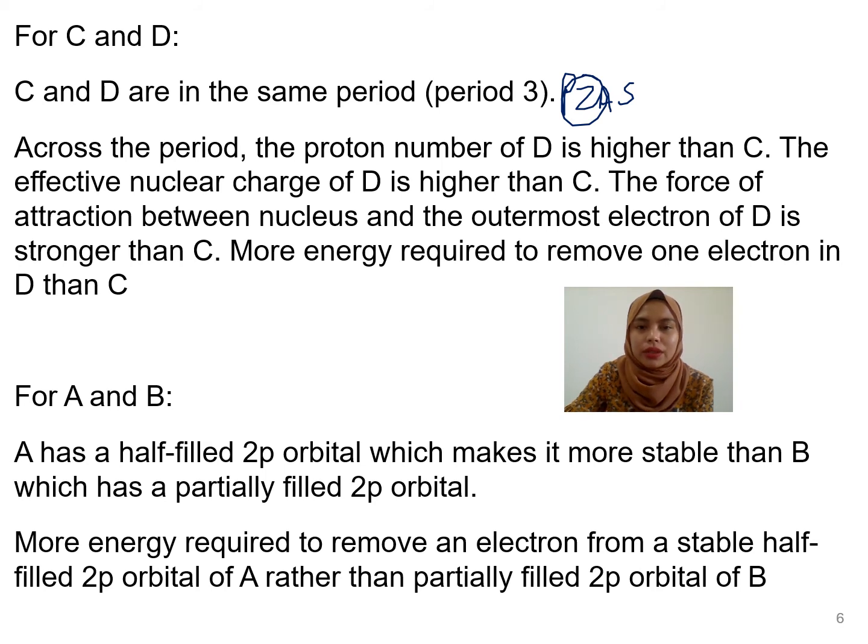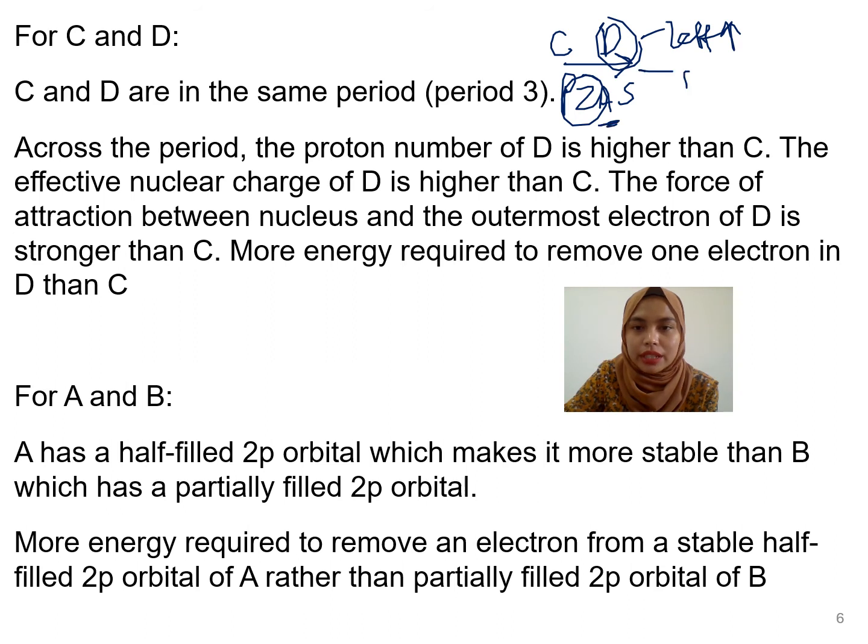Okay, so across the period, mula C kat depan, D kat belakang kan. So across the period, effective nuclear charge untuk D will be increasing. Okay, compared to C. Therefore, bila effective nuclear charge tinggi, apa berlaku pada attraction? Attraction between nucleus and the valence electron will be stronger. Okay, so bila attraction between nucleus and the valence electron stronger, therefore you perlukan, susah kan nak remove electron, so you will be hard to remove the electron, susah nak remove electron.